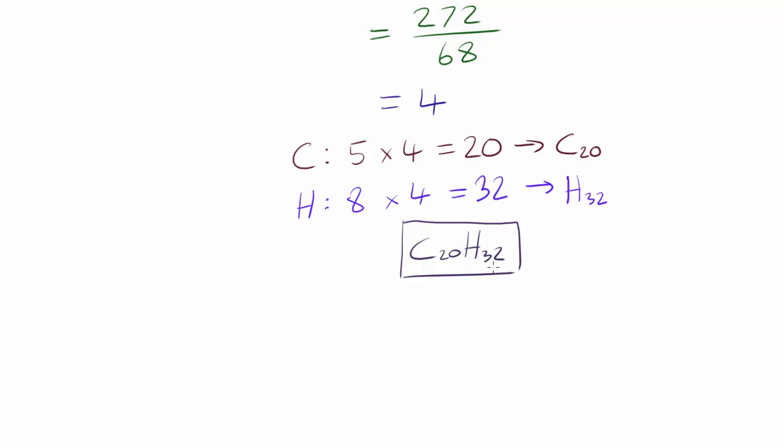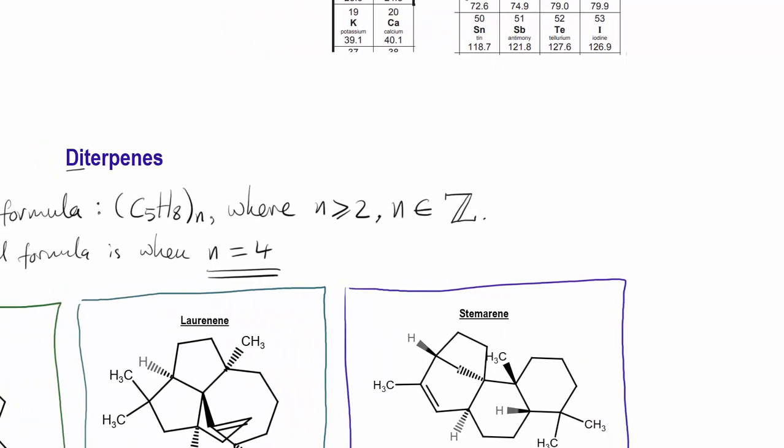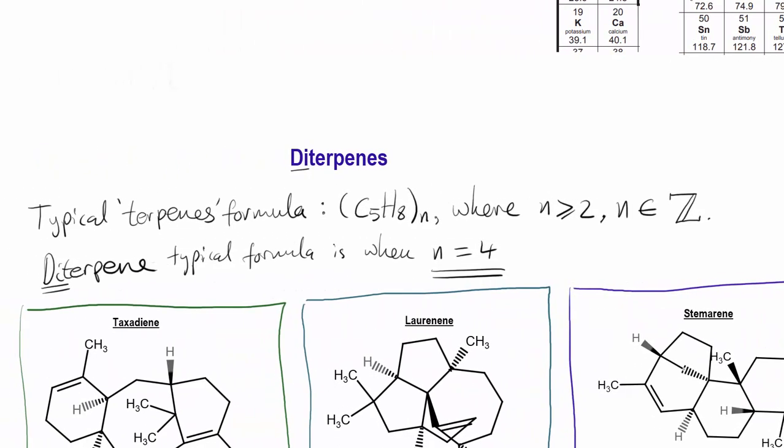Okay, so in this case, this is what our molecular formula is going to be. Now, this particular molecular formula is actually the molecular formula for quite a range of important molecules, and I'm going to take a look at that now. If we take a look over here, I put together a diagram which goes into some of this.